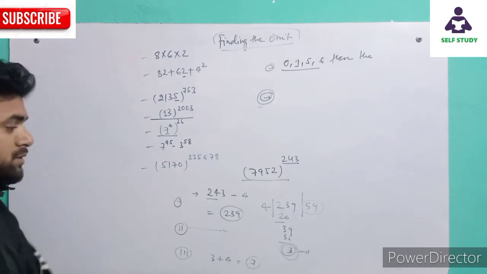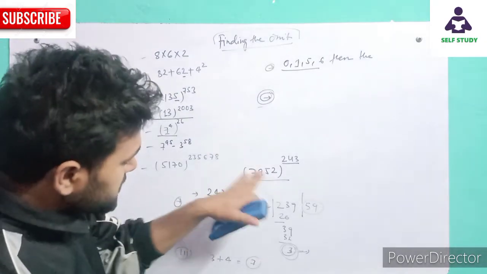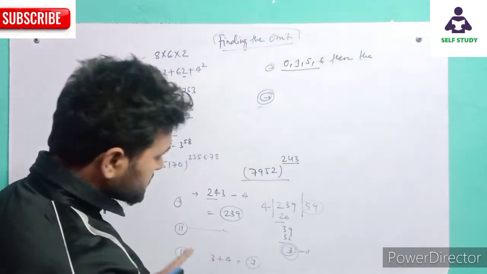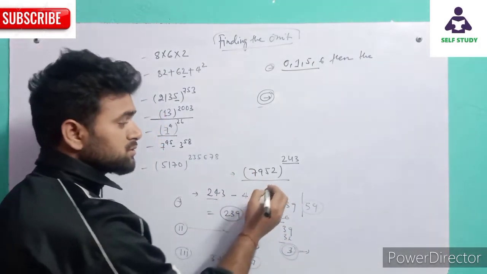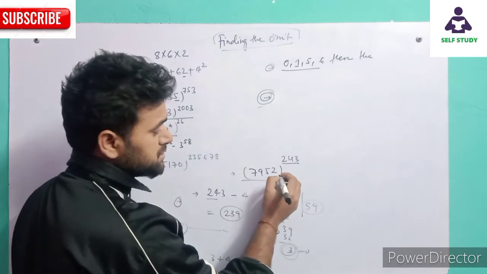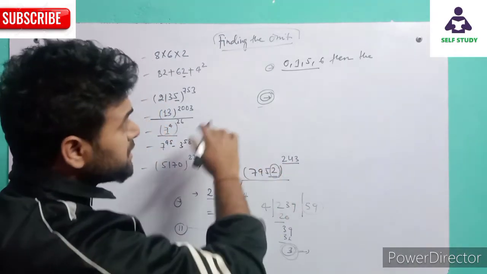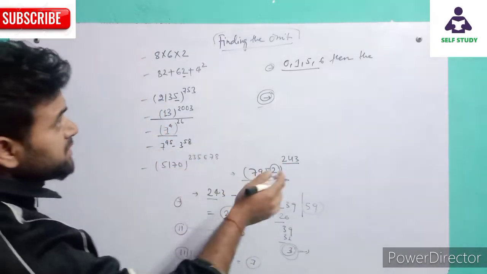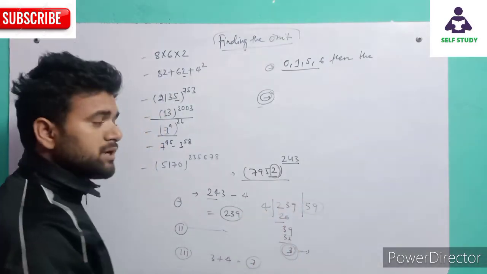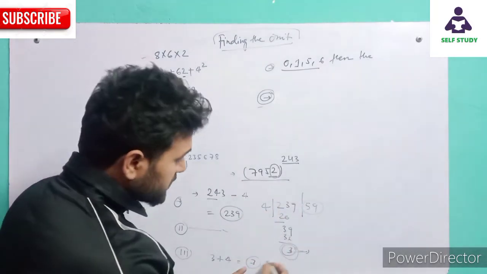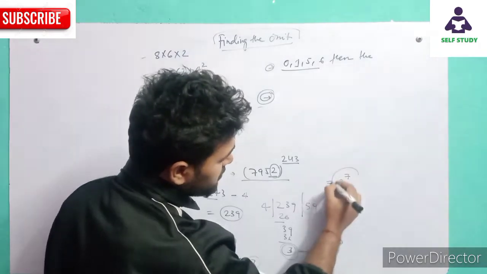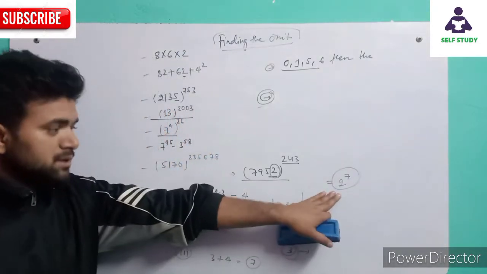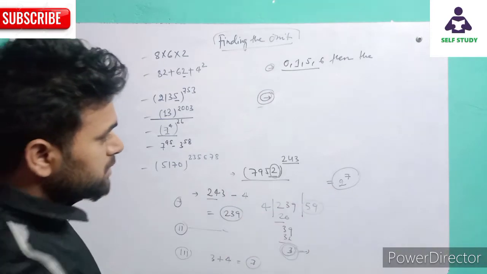After doing all this, we come back to the number and focus only on the unit digit, because all this is for the unit digit. So we write 2 to the power 7. It is very easy to calculate the unit digit.